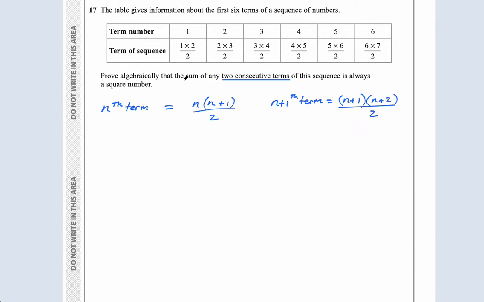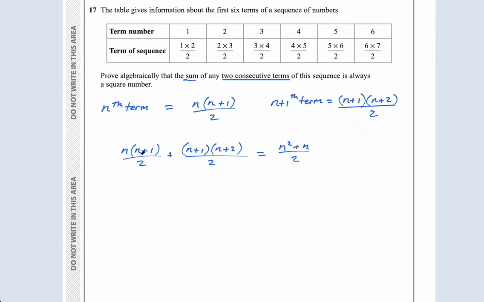Then we need to do the sum of these. So we need to add these two together. n times n plus 1 over 2 plus n plus 1 times n plus 2 over 2 equals n squared plus n over 2.